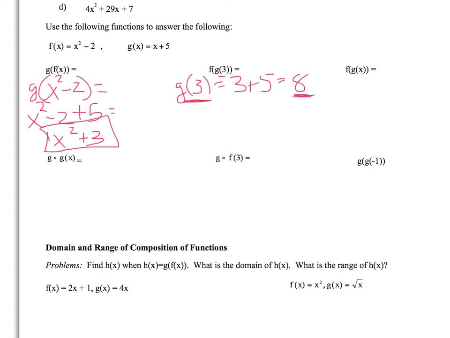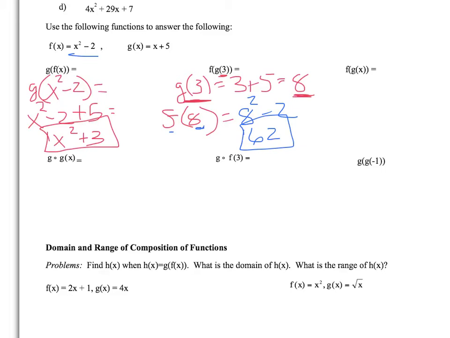So instead of being f of g of 3, I'm going to say it's f of 8. From there, I plug the 8 into my f function. So my f function is the x squared minus 2. So it'll be 8 squared minus 2. 64 minus 2 is 62. 62 is my final answer there.